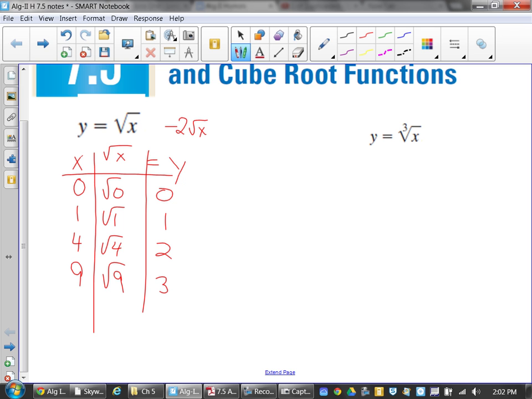Right? From here, do you guys agree that my ordered pairs become (0, 0), (1, 1), (4, 2), and (9, 3)? Do you agree with that? Yeah. So you plot it.